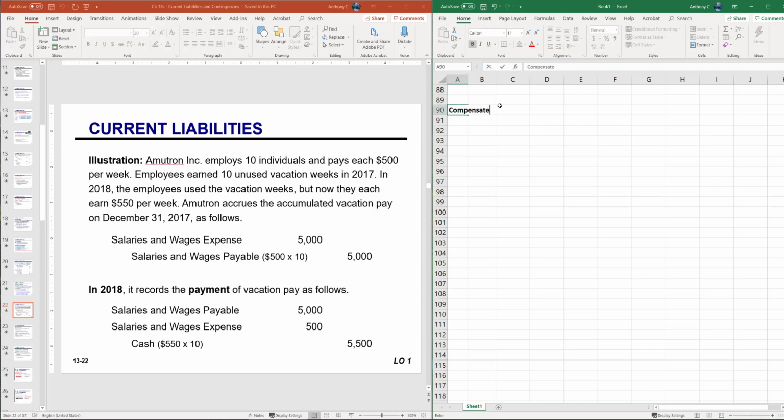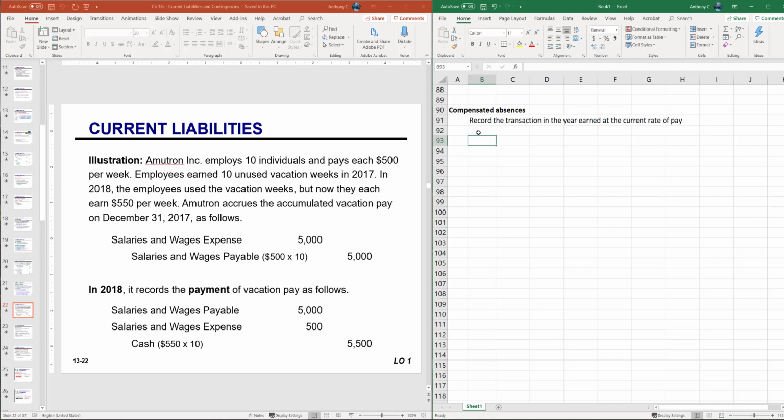Okay, so dealing with compensated absences. Again, remember the general guideline here is to record the transaction in the year earned at the current rate of pay in this class.